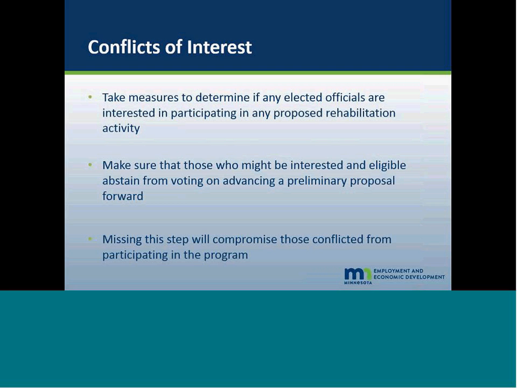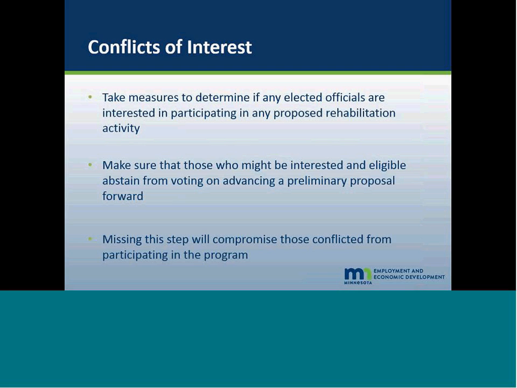So measures to determine if any elected officials are interested in participating in proposed rehab activities, that is as a contractor or actually applying for dollars for their own business or home. Ensure that those who might be interested abstain from voting on advancing the preliminary proposal.